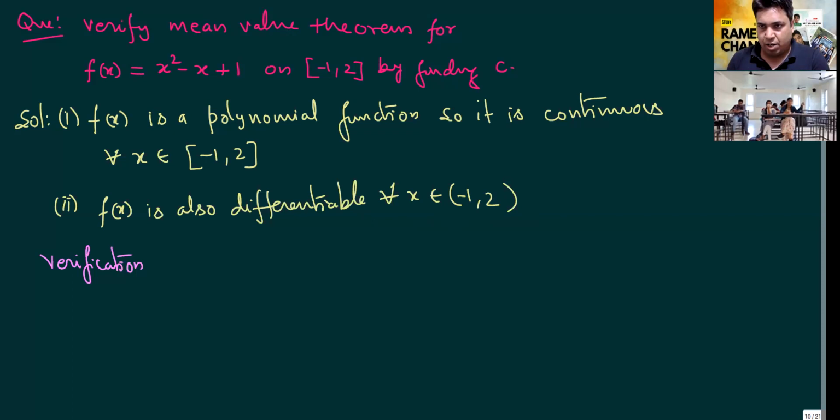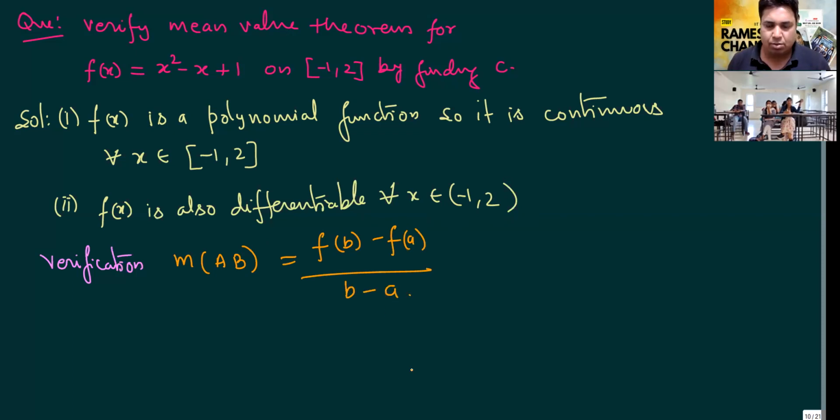So first of all, m of AB, the slope, is f of B minus f of A upon B minus A. We are going to find this. So f of 2 minus f of -1 upon 2 minus (-1). Is that clear?